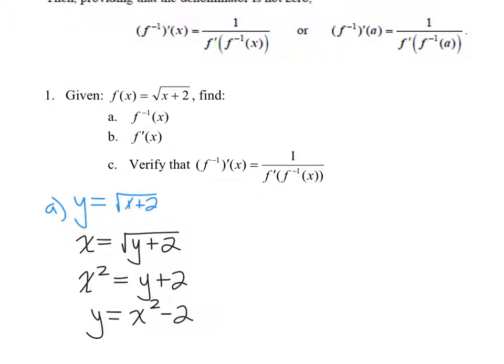It's just if you look at the graph of the square root of x plus 2. So I'll just do a quick sketch. You'd have an x-intercept at -2, and then you'd have something looking like this. All right.